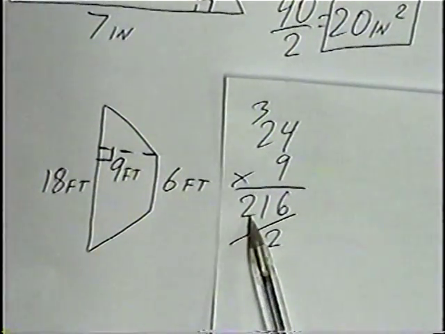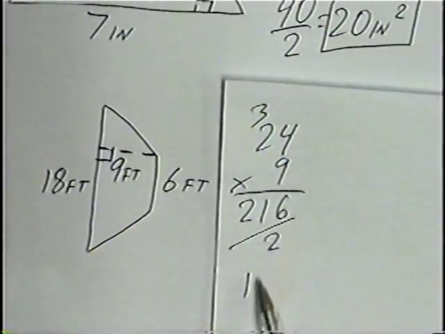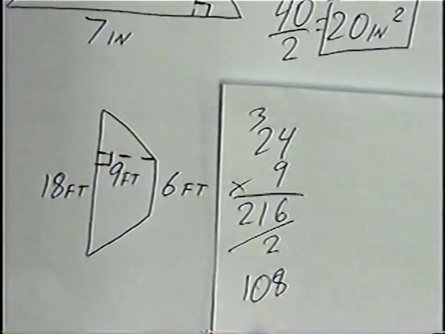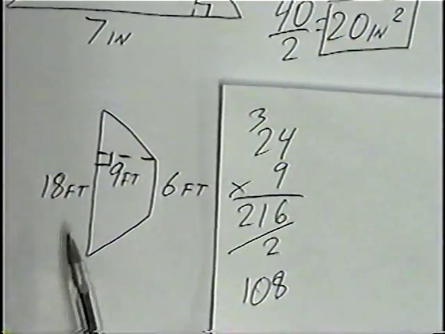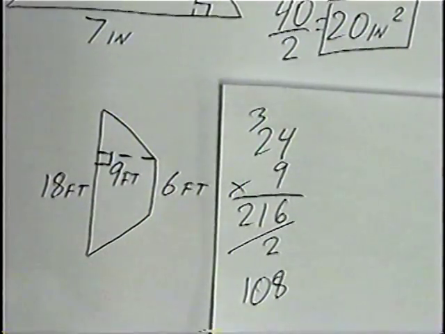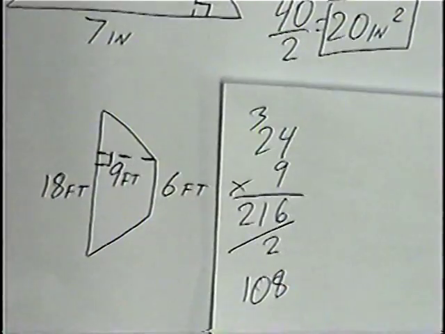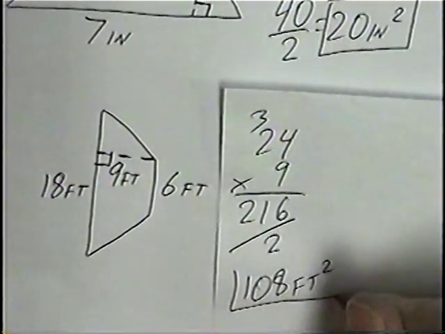If you take half of 200, that would be 100, and half of 16 would be 8. So 216 divided by 2 would be 108. Looking back at the diagram, the distances are feet. We multiplied 24 feet times 9 feet, so the area is 108 feet squared.